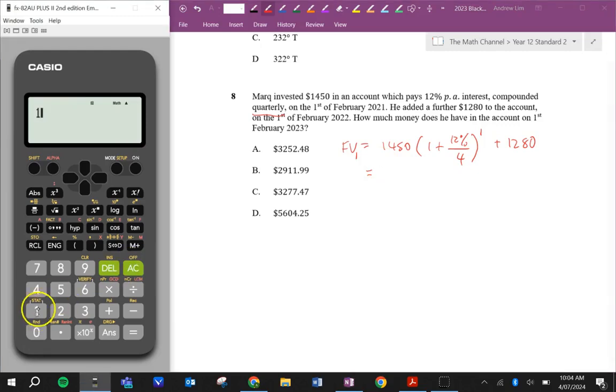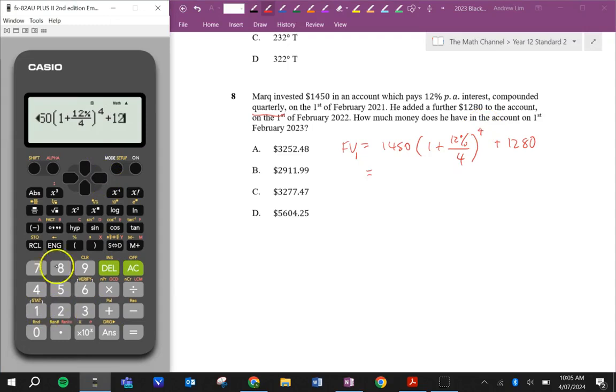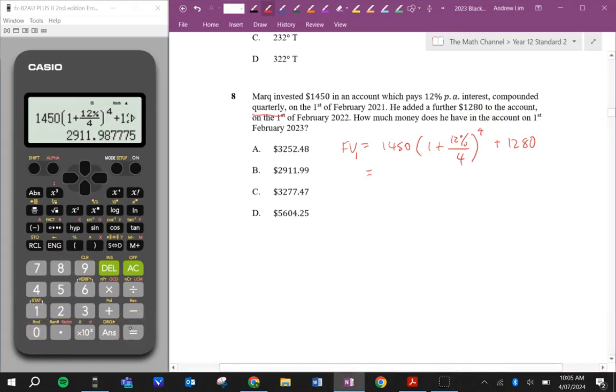So let's put that in the account. 1450 bracket 1 plus 12% over 4 for the 1 year. Oh no, sorry, I need to do that to the power of 4 because there's 4 quarters in that year. Then I need to plus 1280. So that's 2911.99.